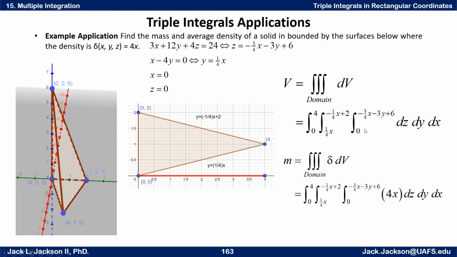So those are our limits on z. z always starts at 0 and always goes up until it hits this surface. So if you took a little vertical line segment and raised it vertically, it's always going to go from the bottom there to the top, bounded by those surfaces.